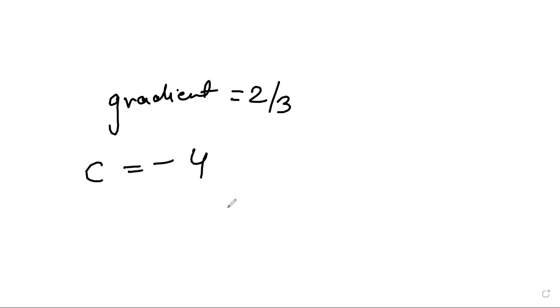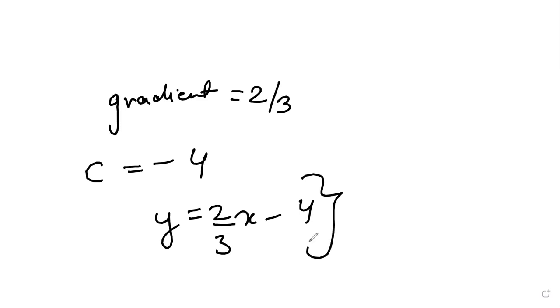Then how will you calculate the equation of a straight line? y is equal to mx plus c. Now what is m here? y is equal to 2 upon 3 x minus 4. So this is your equation of a straight line. You can solve it further to get your answer.